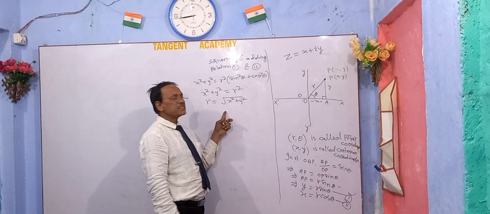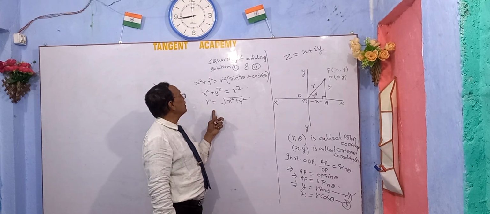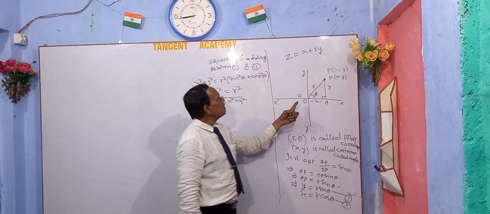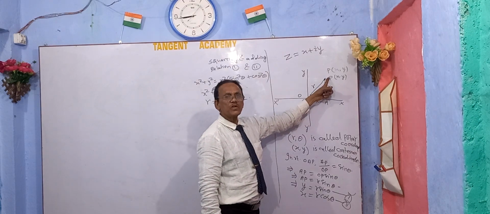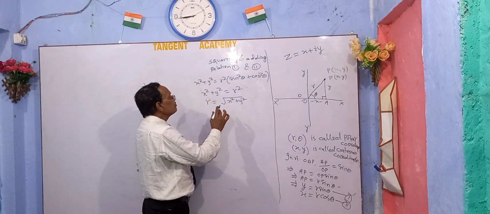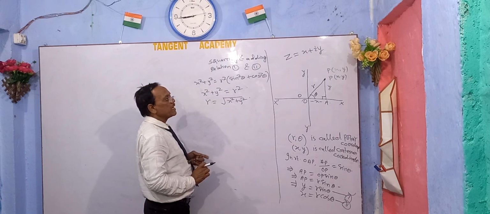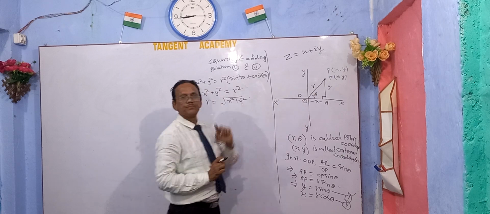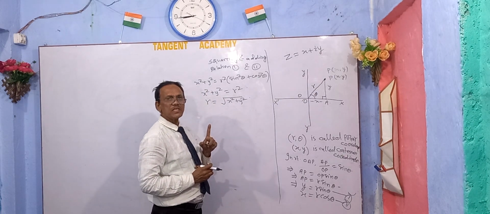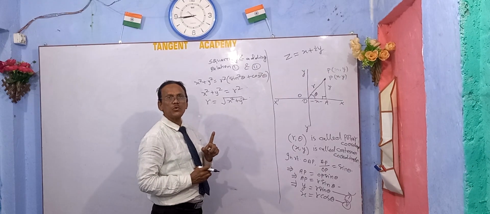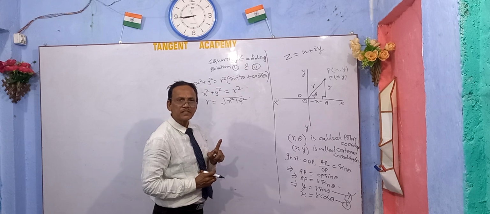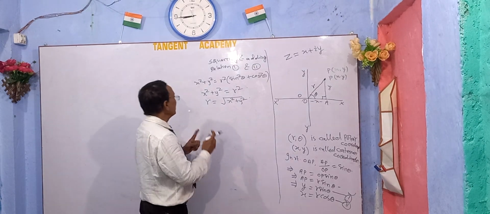Here the negative sign is rejected because our aim is to find only the magnitude, not the direction. So the value of this r, that is the magnitude of the line OP, is given by under root x square plus y square, which is called the modulus of the complex number z is equal to x plus iy.